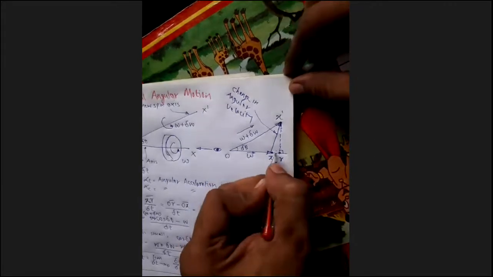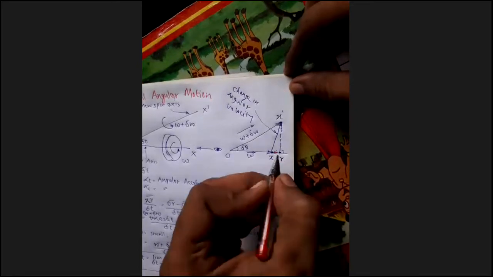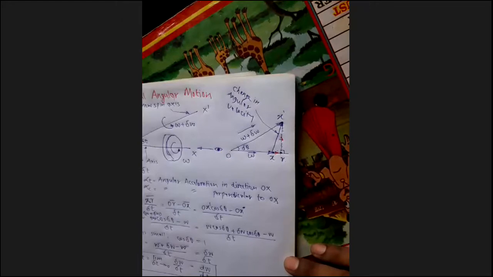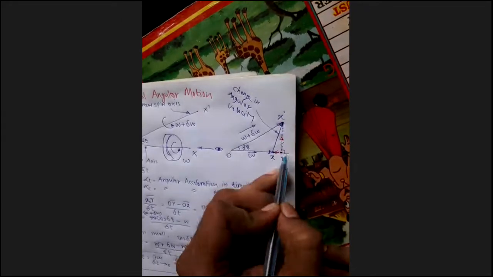Rx dash, correct. Rx dash is representing the change in velocity perpendicular to OX.